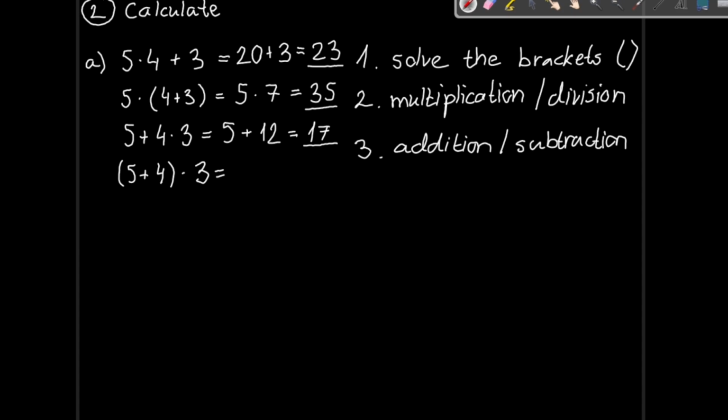And the final case, we do the brackets first. We add 5 and 4 together, which is 20. Sorry, we are not multiplying, we are adding. That's 9 times 3. Now the multiplication. We get the 27, and we get 4 different answers here.